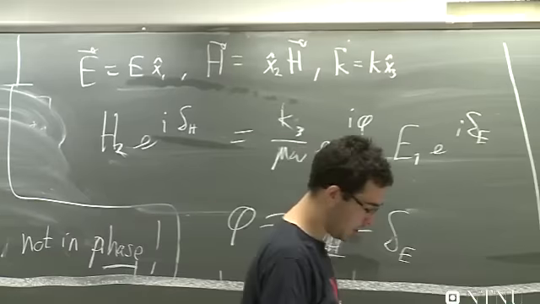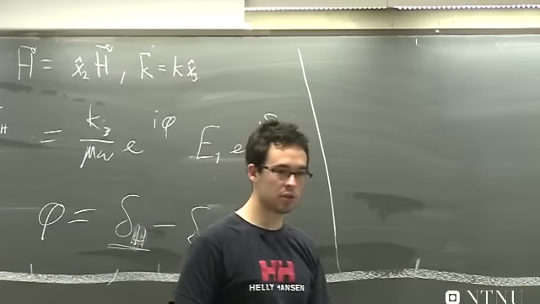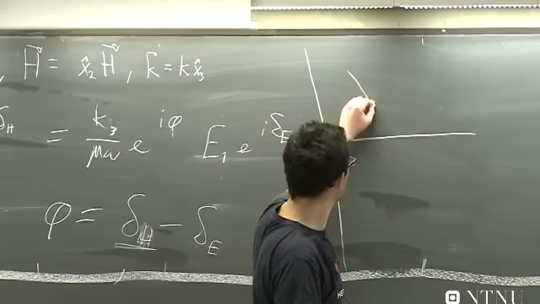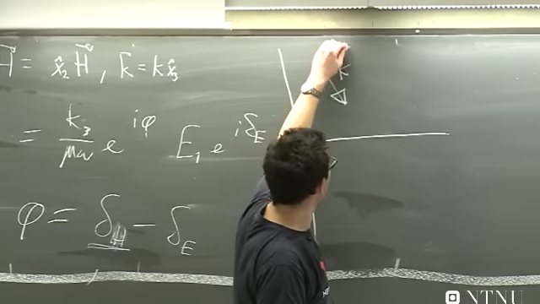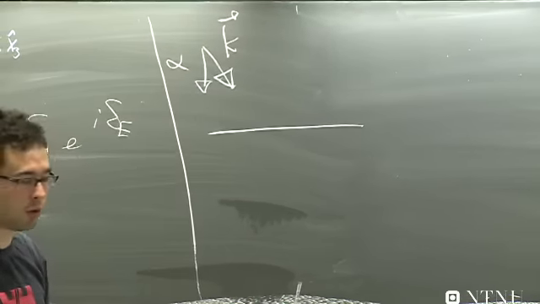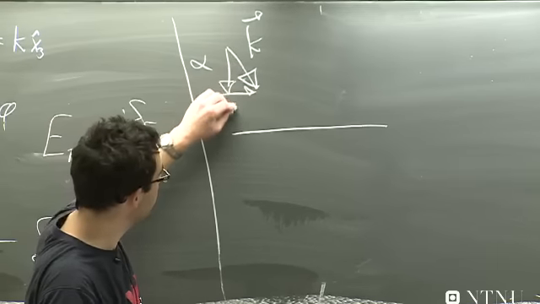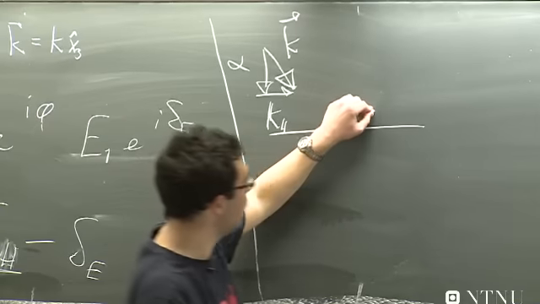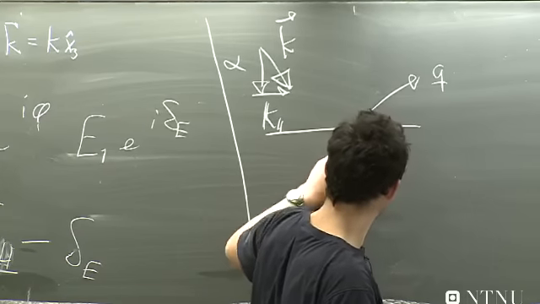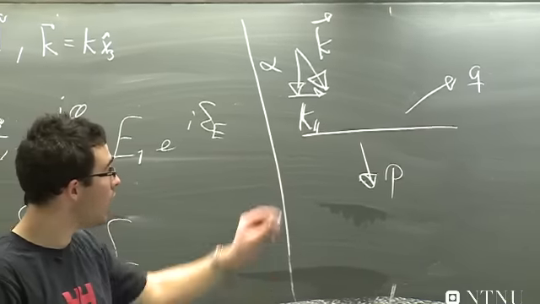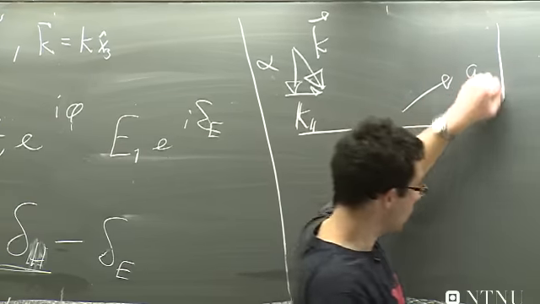Okay, and now back to the problem we discussed the last couple of lectures. The system where we had an incoming wave. I call the vertical component alpha, and I call the parallel component k parallel. And we get something else, right? Q, P, if something goes through. And now alpha was the following.